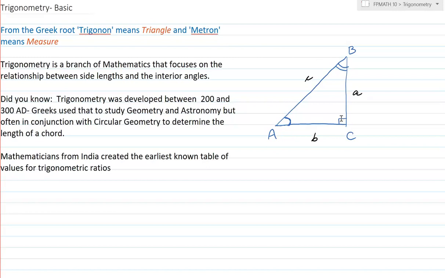But the earlier part of that was that they were using it to determine the chord measure in a circle. Mostly in terms of the computational piece, mathematicians from India, in the same timeline, came up with the earliest known table of values for trig ratios, which we're going to talk about a little bit later on.